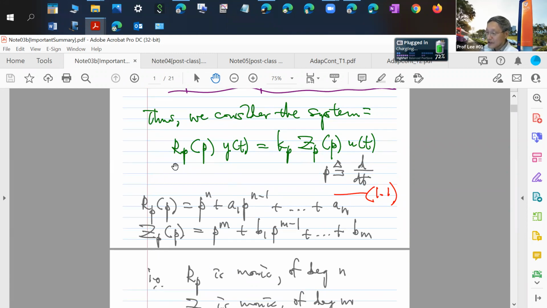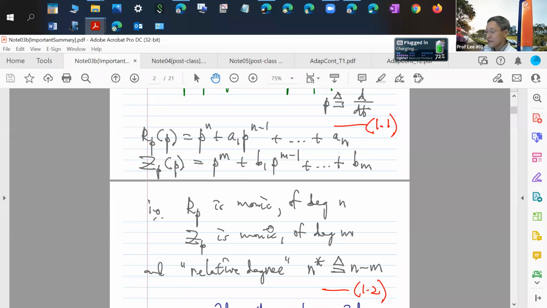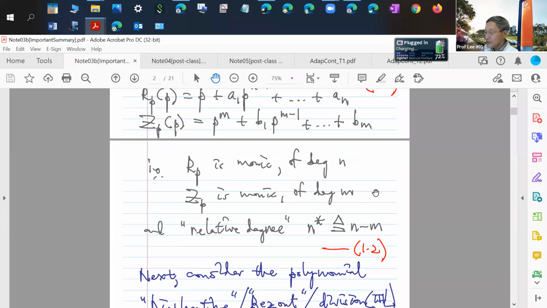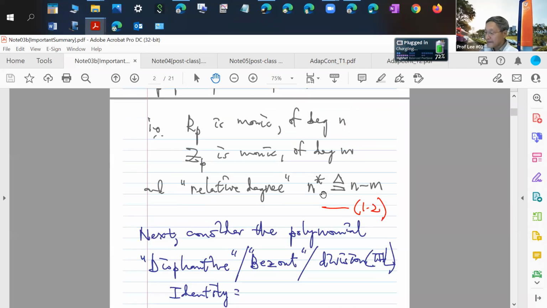As we said, essentially here, equivalent to the pole polynomial of degree n, zero polynomial of degree m, we pull out basically this number out here, Kp, so that the leading coefficients in both of these are just one, called monic polynomials, right? So we also define relative degree, which is just n minus m, right?